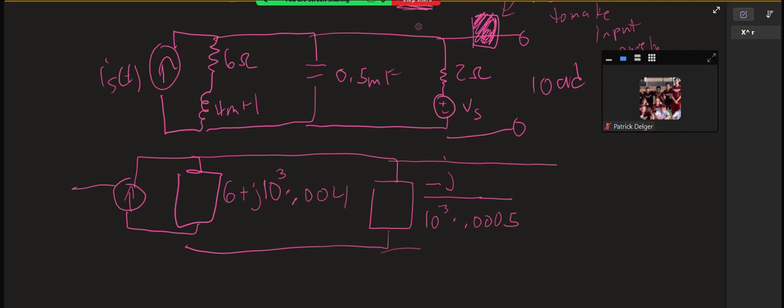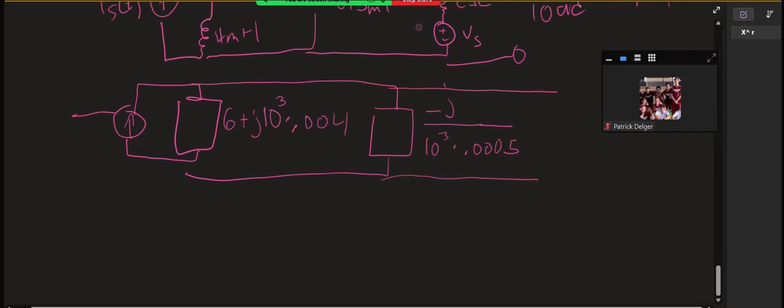And then I'm going to do a source transformation so I can get all three of these in parallel. Let me do a little side on source transformations. I'll come back to this in a minute.